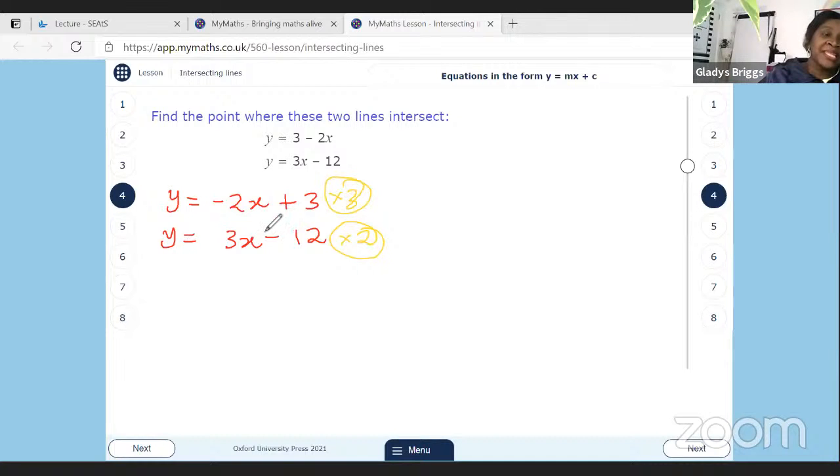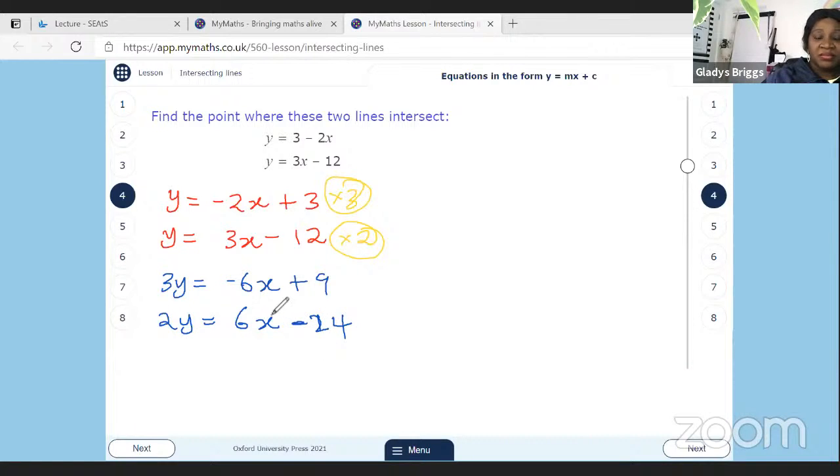But also we can rewrite this. Have a look. Yeah, that's okay. That's fine. So 3y is equal to negative 6x plus 9. And 2y is equal to 6x minus 24.